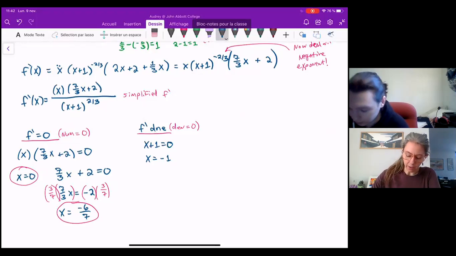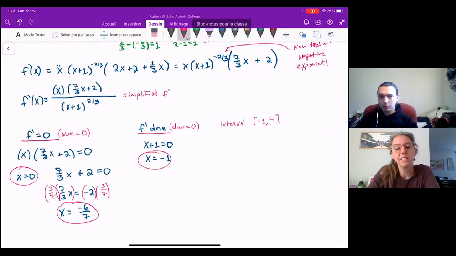Are any of these values, remember my interval here was -1 to 4, not on my interval? They all count. This is on the interval.